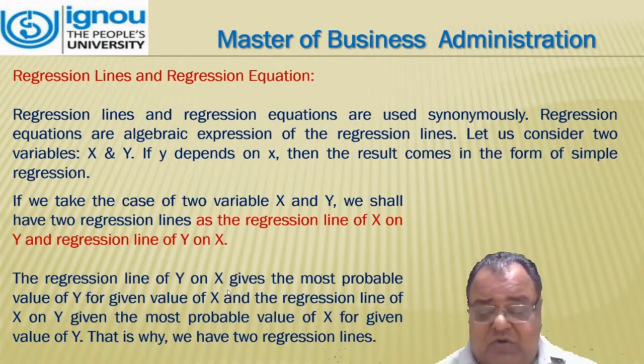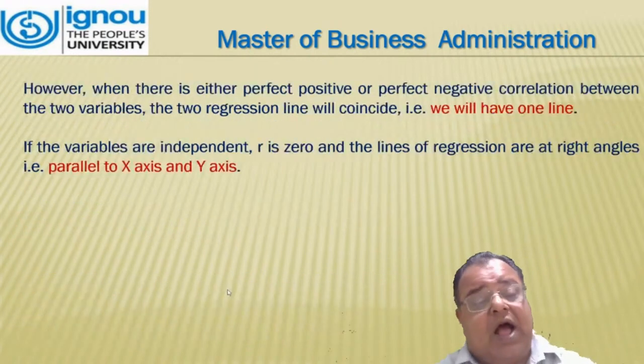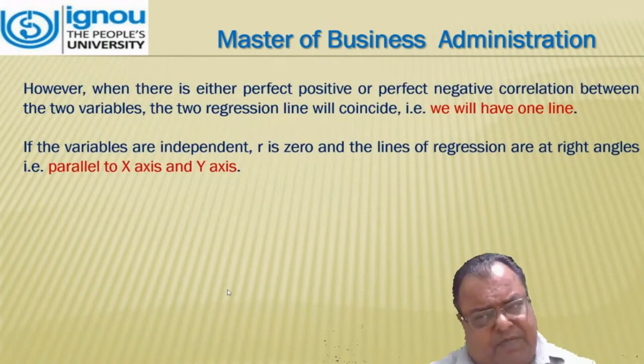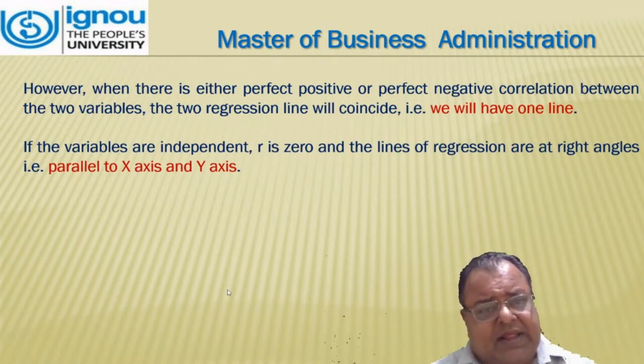That is why we have two regression lines. However, when there is either perfect positive or negative correlation between the two variables, the two regression lines will coincide. That means we will have one line only.